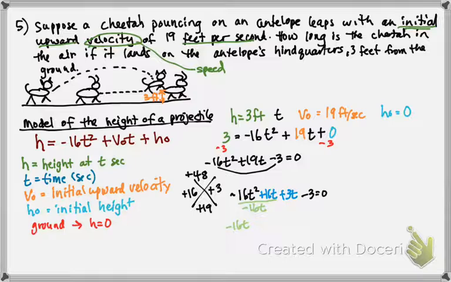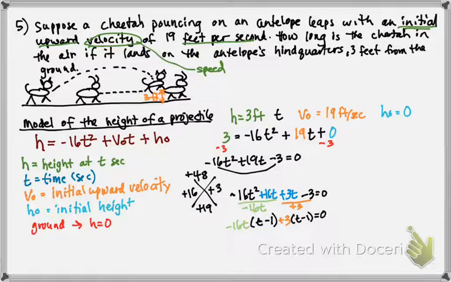So I get negative 16t times t minus 1. And then for the second grouping, a positive 3 in common. So we factor that out, and we would get t minus 1 equals 0.